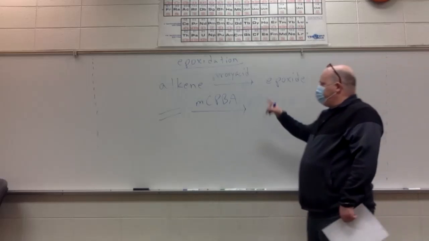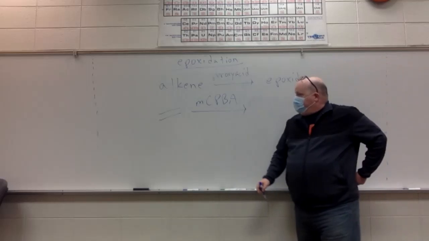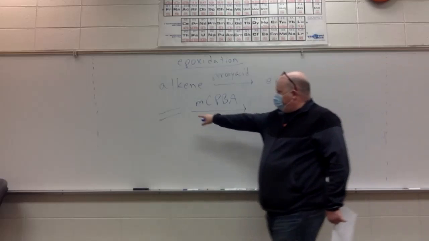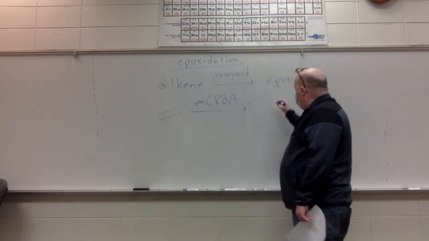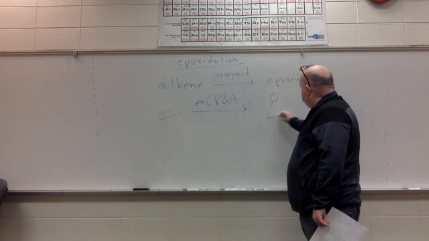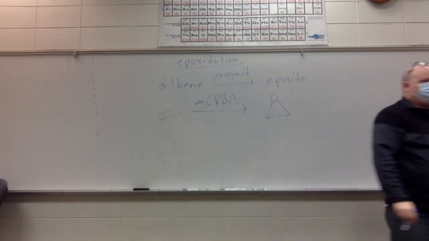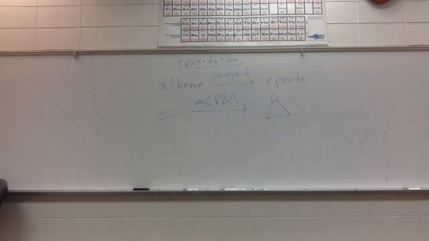And basically what happens whenever you add this oxidizing agent is that this carbon-carbon double bond will break, and you're going to form two new carbon-oxygen single bonds. And there you have it. You have an epoxide.